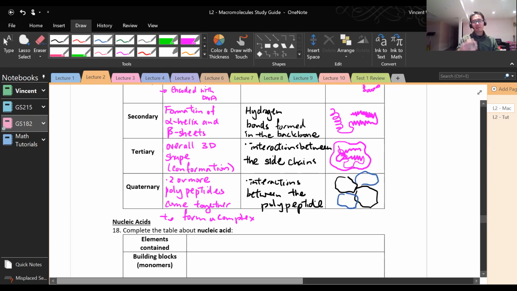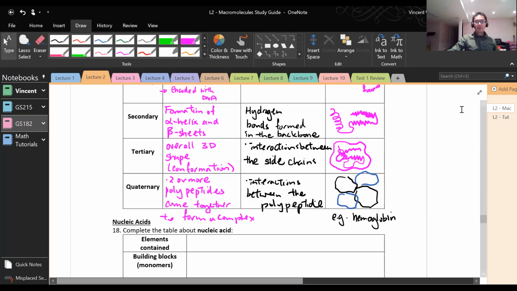Each of these subunits has its own function, but when they come together to form a complex, you have a functional protein. For those of you who do not know hemoglobin, it is the molecule that transports oxygen in your system.